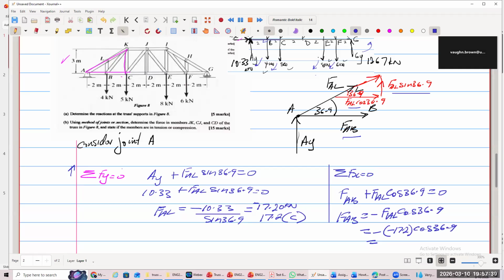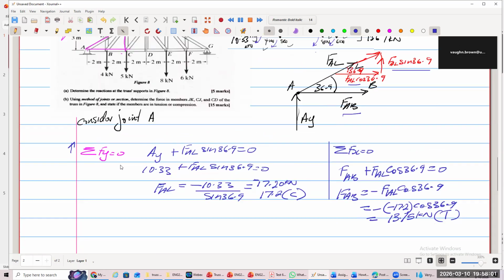Come, guys. 13.75. And is it plus or minus? It would be positive. It is in tension then, so its assumed direction is correct. It is in tension. All right, lovely.